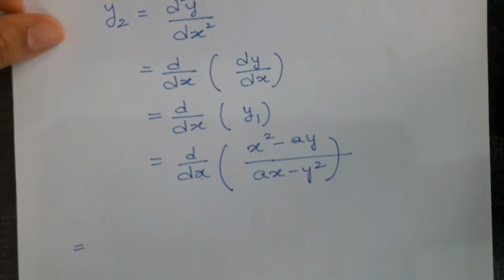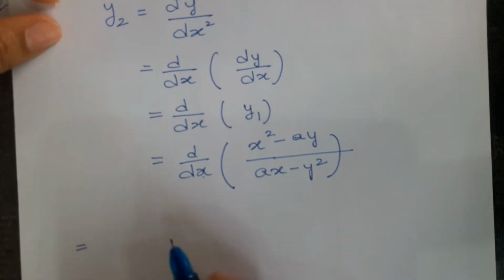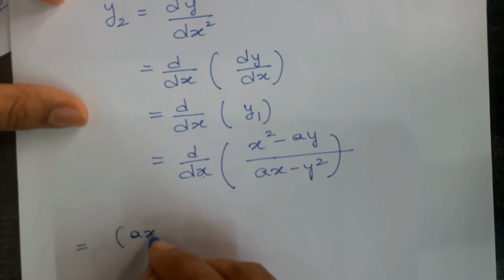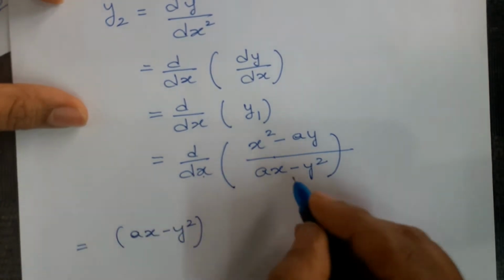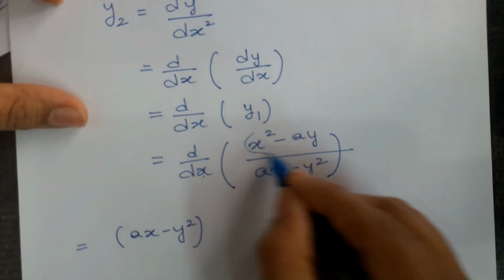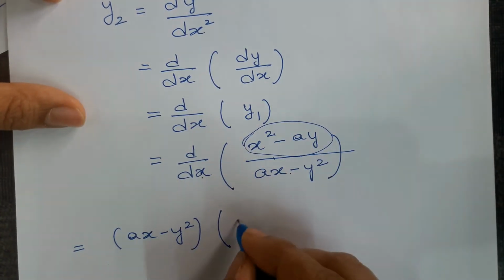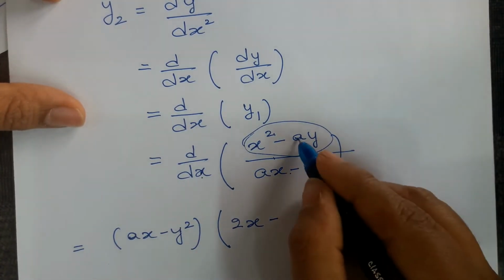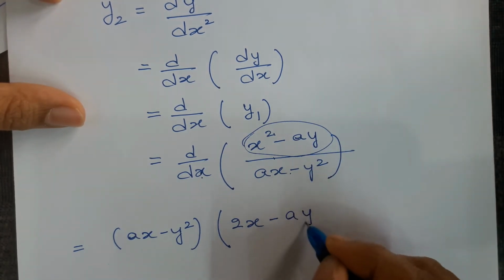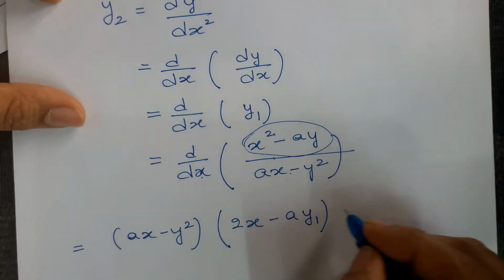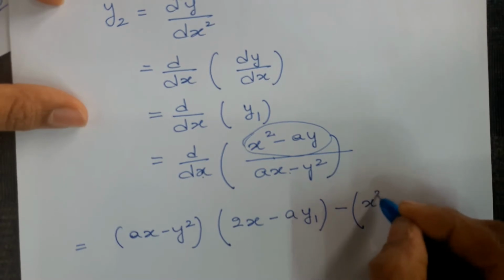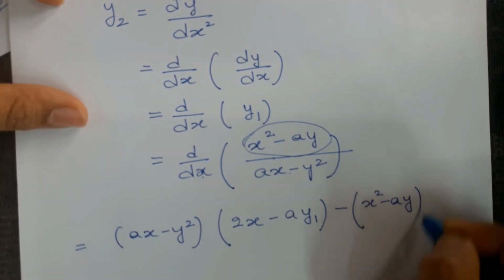We have to use the quotient rule to differentiate. The denominator, ax minus y square, stays as it is. In the numerator, differentiating x square with respect to x gives 2x, and differentiating ay gives a into y1. Then minus x square into ay as it is.